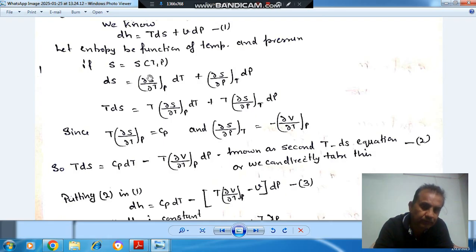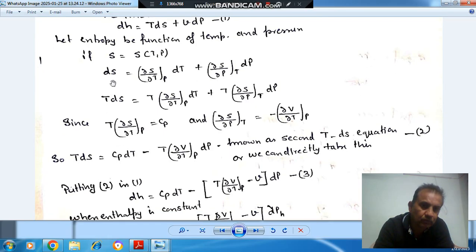So this is the change of entropy due to temperature change, and this is the entropy change due to pressure change. If we add these two, we get the total entropy change.